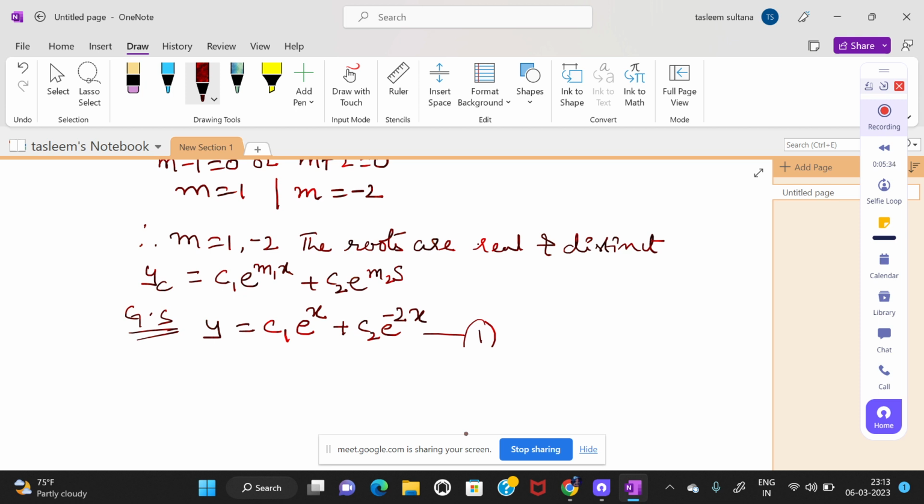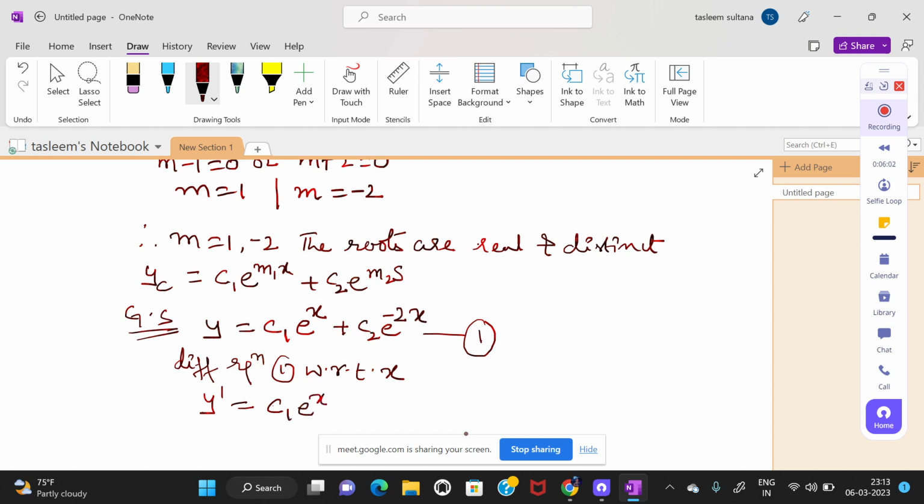So we are going to differentiate this equation number 1 with respect to x. Differentiating equation 1 with respect to x, we'll get y dash is equals to c1, it's a constant, next e power x differentiation is equals to e power x, so c1 e power x.